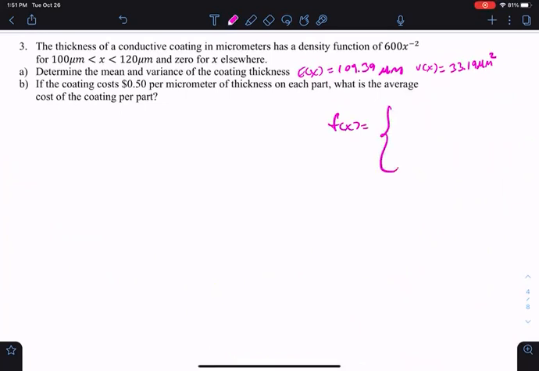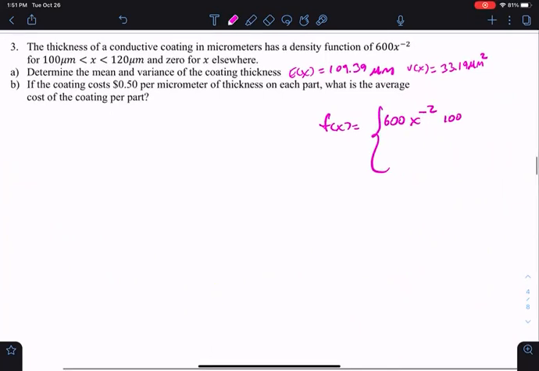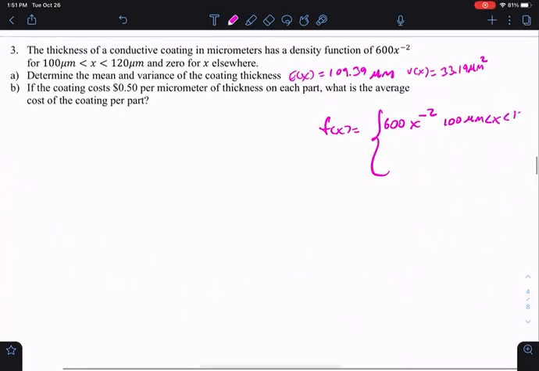They're saying that I can use this function between 100 and 120 micrometers, right? So for simplicity, I'm just gonna put 100 and 120, okay? You know that it's micrometers. And then 0 elsewhere, right?